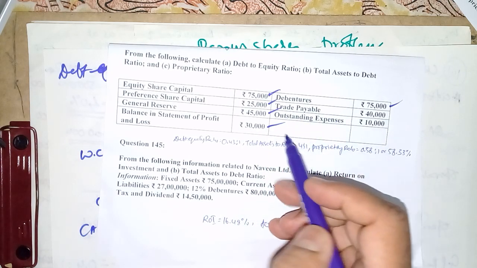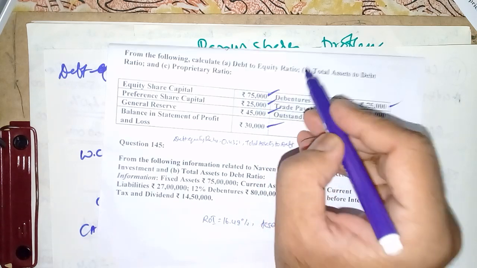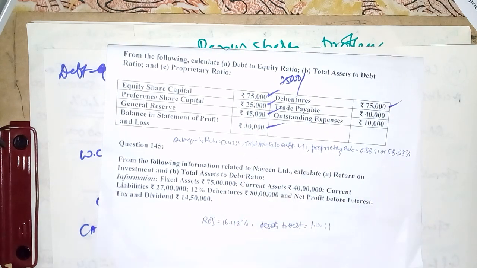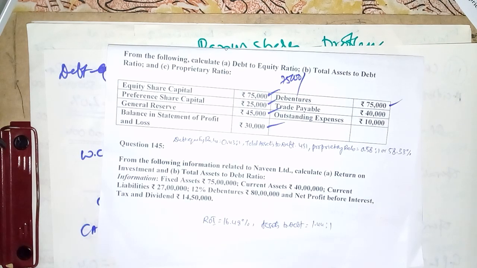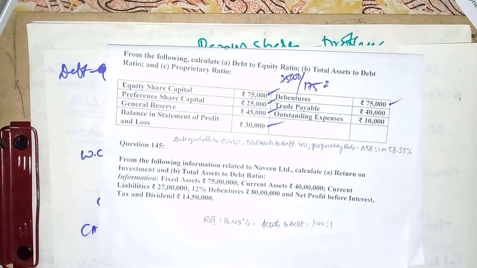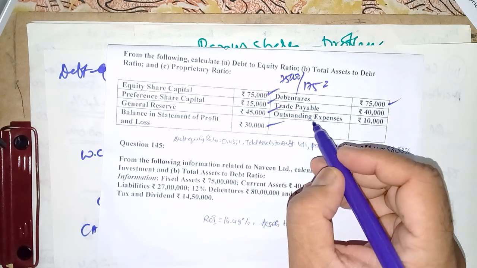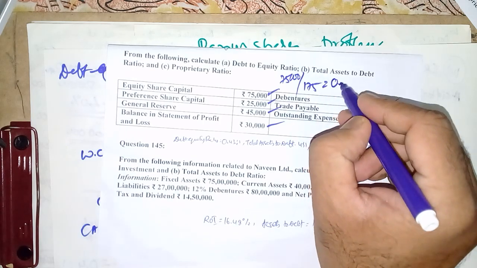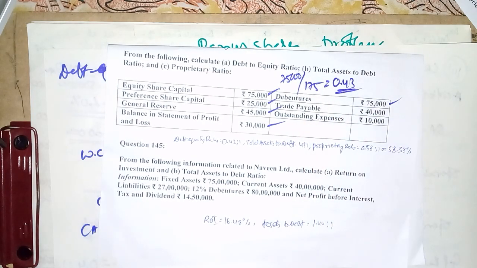All this collectively comes under shareholders fund. Therefore the answer is 75,000 divided by all this, that is 75 equity share capital plus 25 plus 45 plus 30. So 175. Easily you can calculate. So 75,000 divided by 175 is equal to 0.42, right, or 0.43 we can say. We'll get the answer directly.